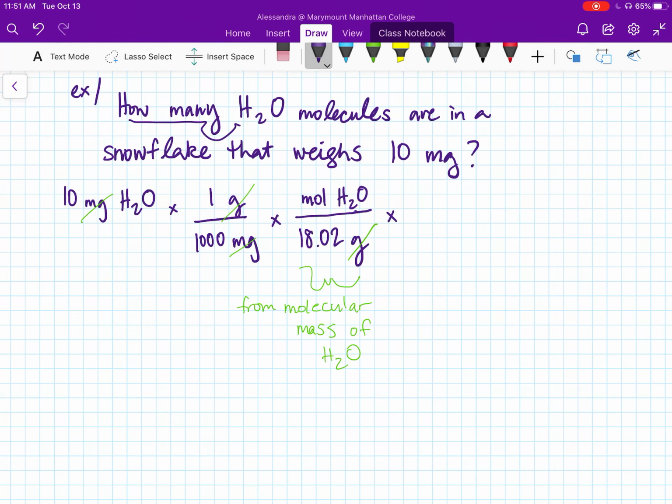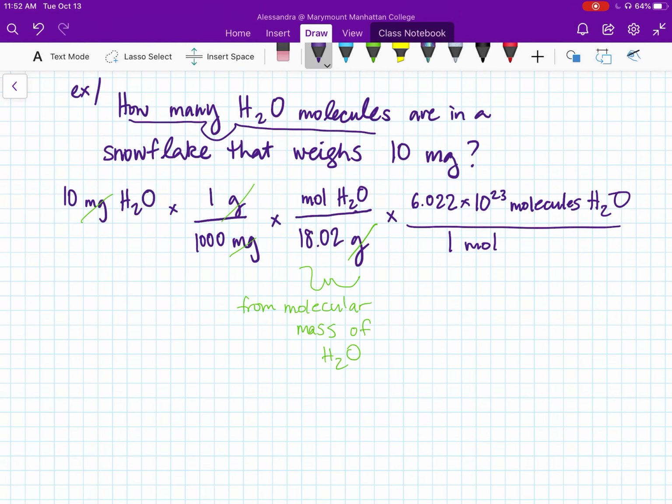because then if I want to figure out how many water molecules I have, I'm going to need to use Avogadro's number to tell me that there are 6.022 times 10 to the 23rd molecules of H2O in every mole of H2O. And we can use this because of the definition of the mole. 1 mole of anything contains 6.022 times 10 to the 23rd units of that thing.